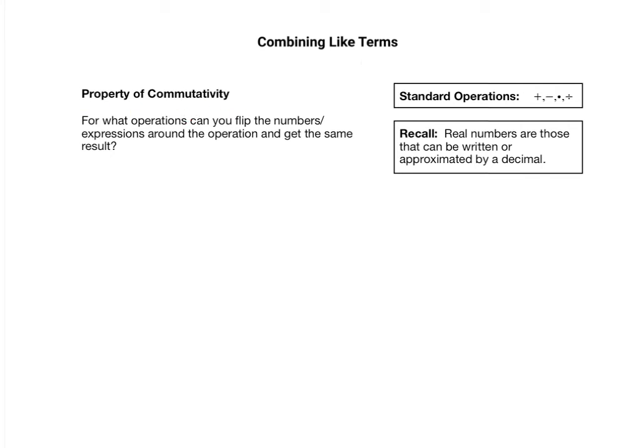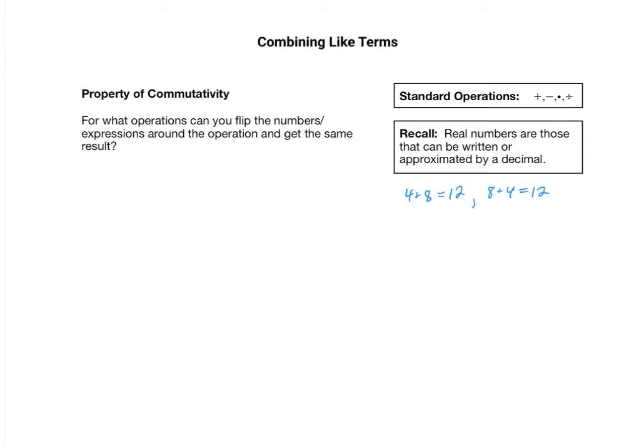Property of commutativity. We want to figure out what operations are commutative. So for what operations can you flip the numbers, expressions around the operation and get the same result? Well, let's just explore. Let's take some numbers. Let's go first with addition. If you do 4 plus 8, you get 12. If you were to flip that around, 8 plus 4, you still get 12.